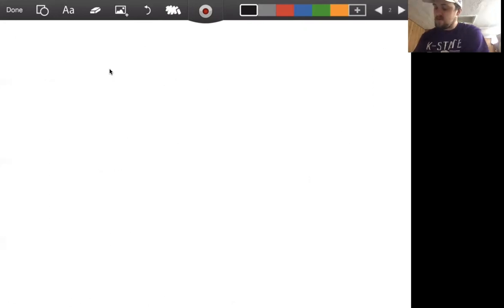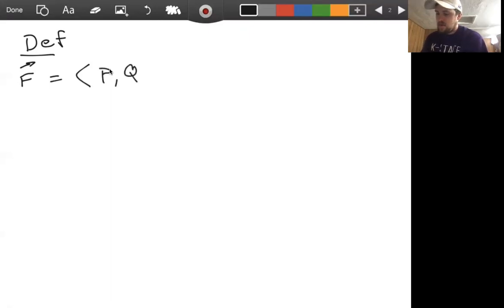So let's look at a definition of the divergence. I'll give this definition in 3 dimensions, but it's an analogous definition in 2 or higher than 3. So let F be (P, Q, R), this vector field.